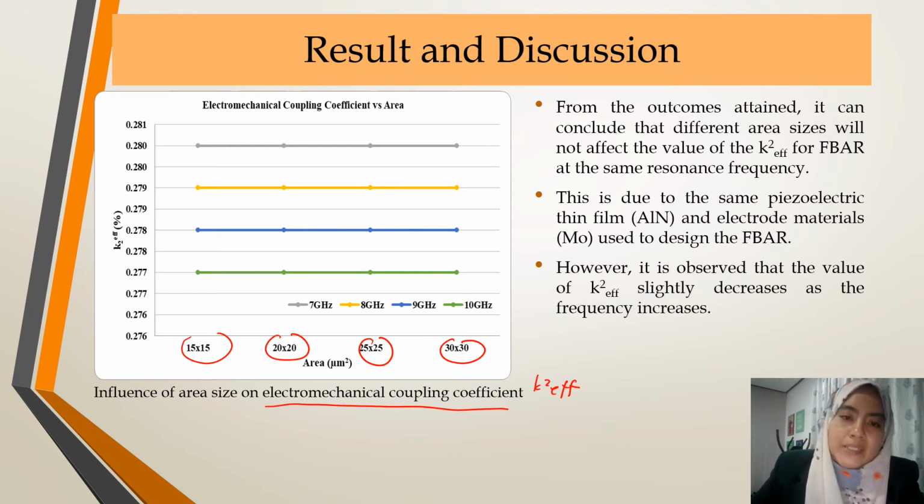But what we can see here is that as the frequency goes higher, the values of the K2EFF decrease. And this is true if you relate to the relationship in equation 5 mentioned in the paper.